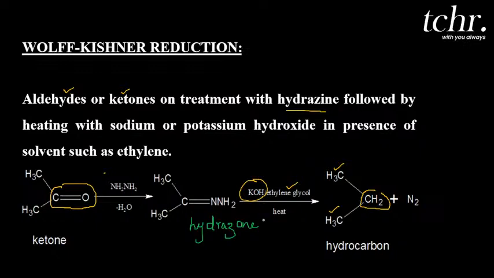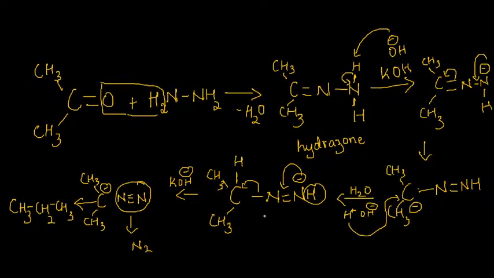So if you want a clear picture of the mechanism, what happens once the intermediate hydrazone is formed, the base OH minus first takes out one hydrogen. Again here it will take out one hydrogen from the nitrogen atom. So finally the nitrogen part will be removed as nitrogen gas N2 and keep adding one hydrogen to each carbon atom.